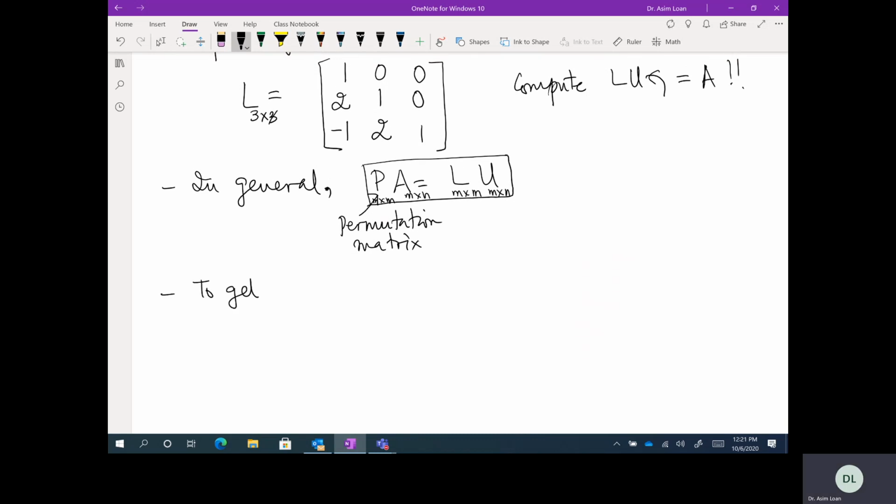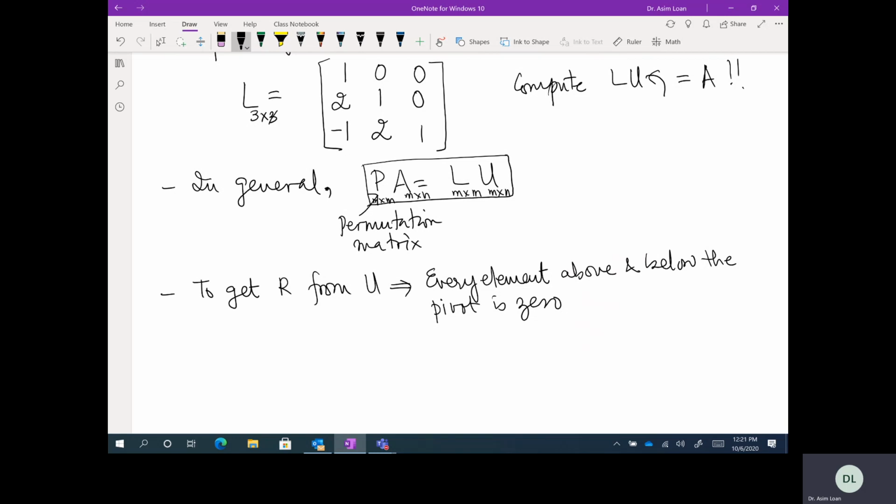To get R from U, all you need to do is make every element above and below the pivot zero, and also normalize the pivot to 1.